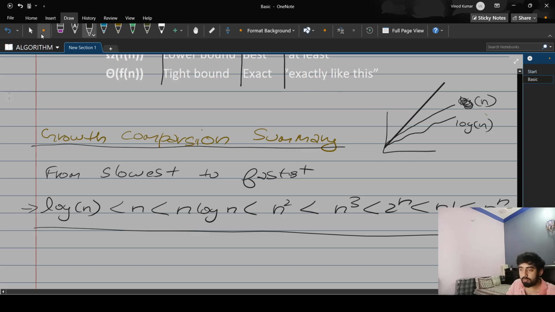So this is basically from slowest to fastest function.